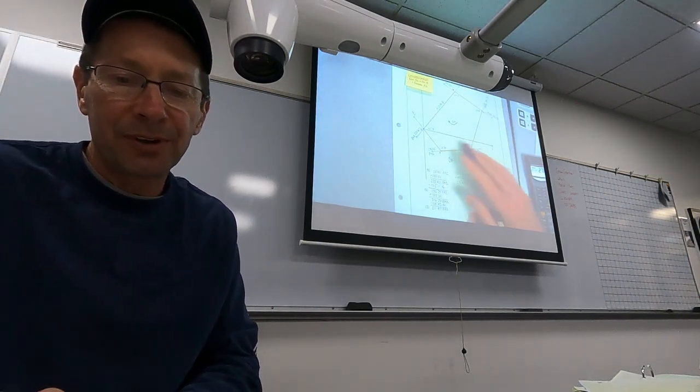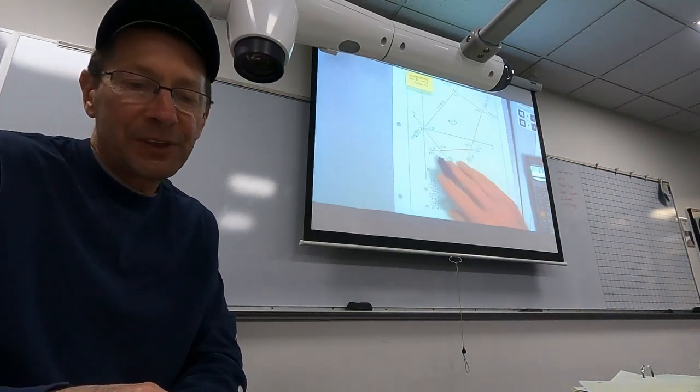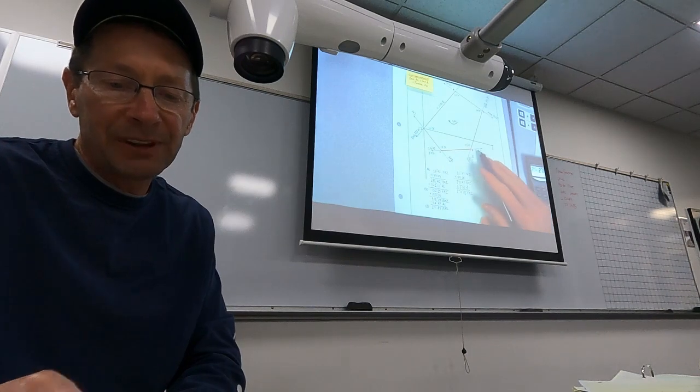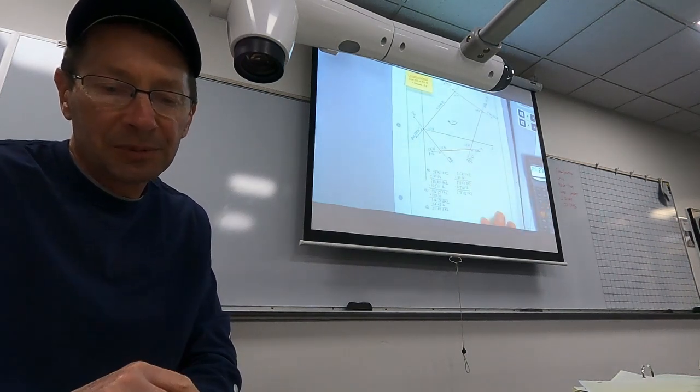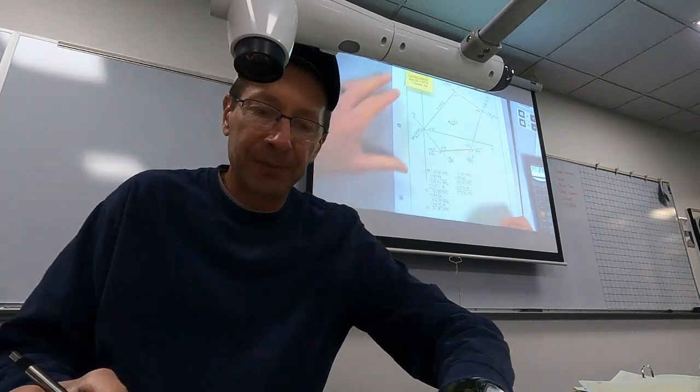So back azimuth, we could add. So just think about this. It's 180 degrees opposite to this. We could go ahead and add 180 to this and get a big angle. Let's go ahead. Let's try it. Let's see what we got.